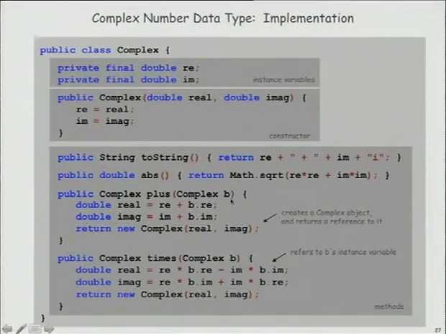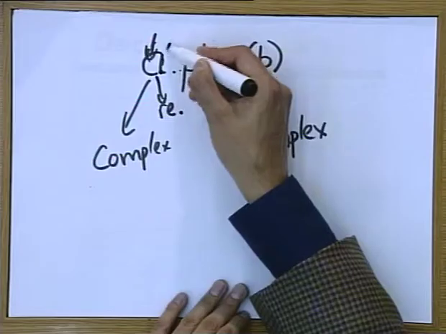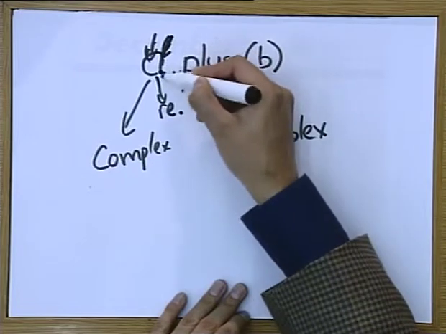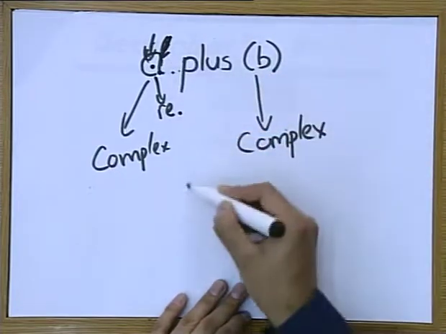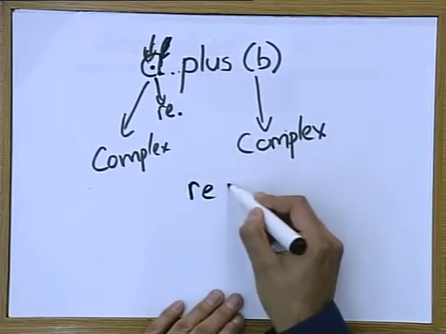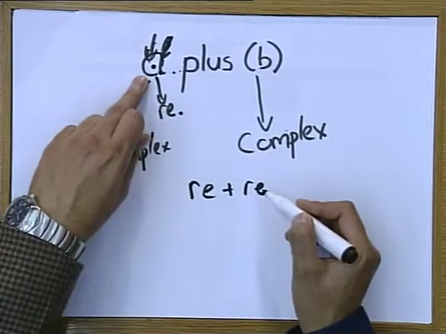But now of course I have to add the real part of the other object that I want to add. You can't just write re down, since re would then of course refer to this A that I have over there. If I just write down re plus re, I just add A to itself.